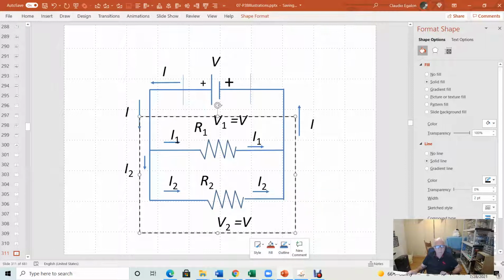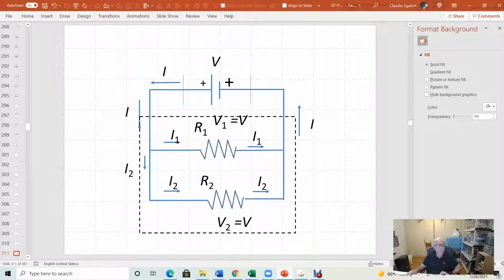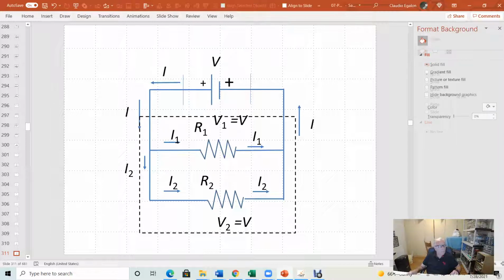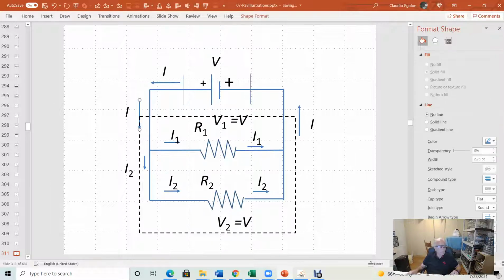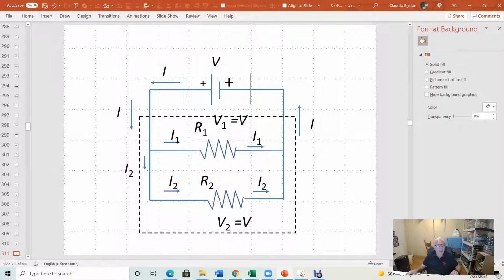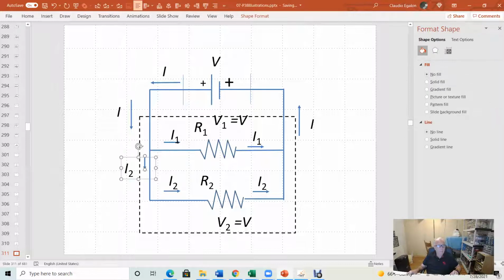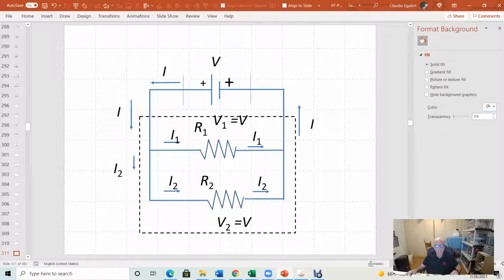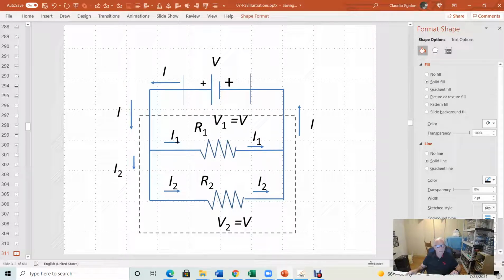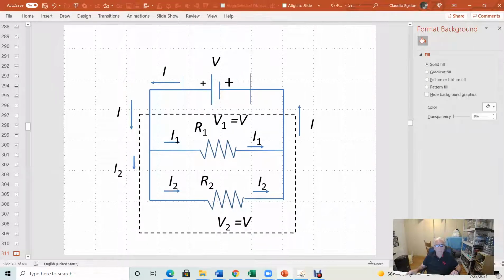Here you go. Dashed lines. Like that. Here you go.